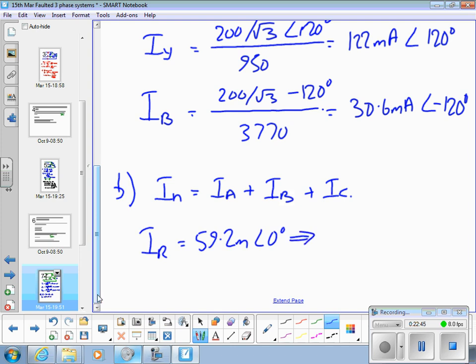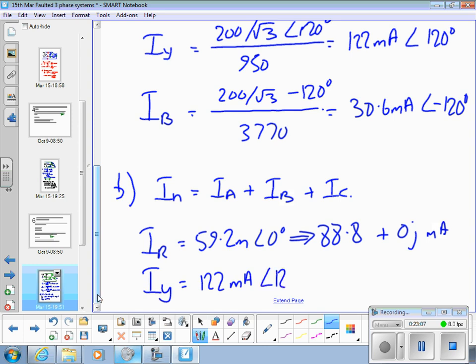That converts to 59.2 plus 0J milliamps. I_Y, 122 milliamps, angle 120 degrees. That converts to minus 61 plus 106J. Does that figure look familiar?